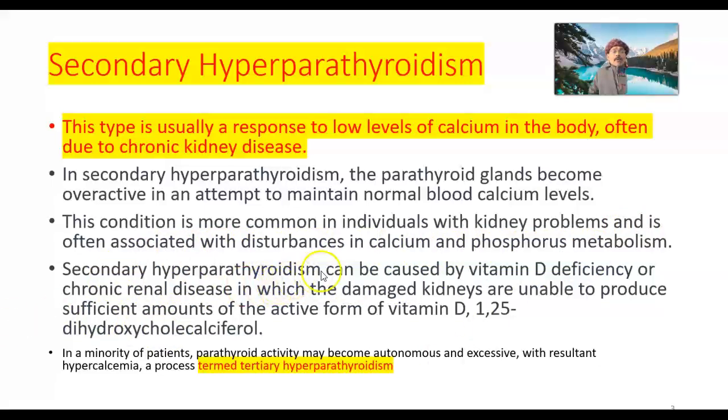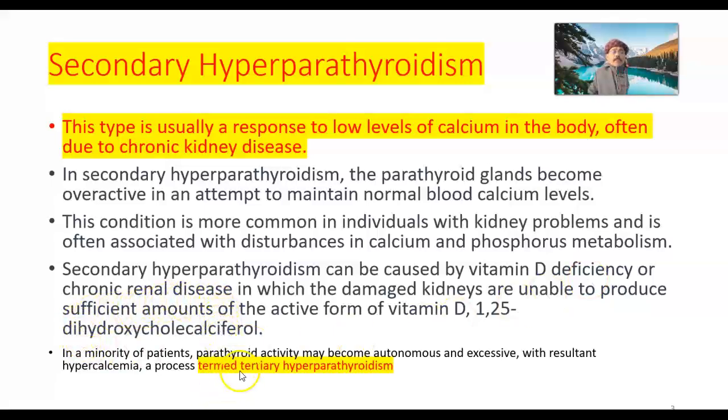Secondary hyperparathyroidism can be caused by vitamin D deficiency or chronic renal disease in which damaged kidneys are unable to produce sufficient amount of active form of vitamin D, 1,25-dihydroxycholecalciferol.